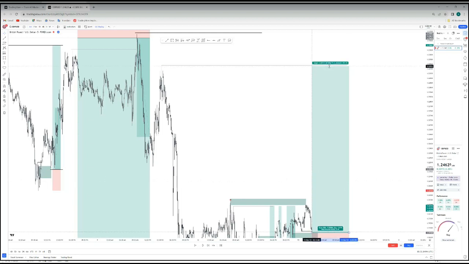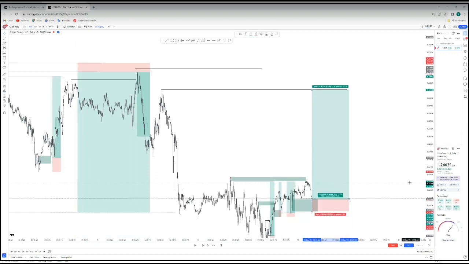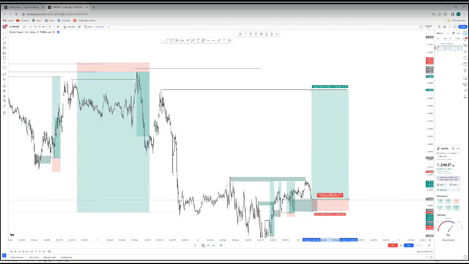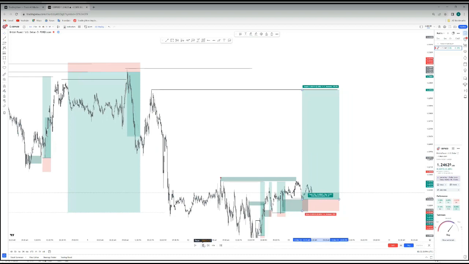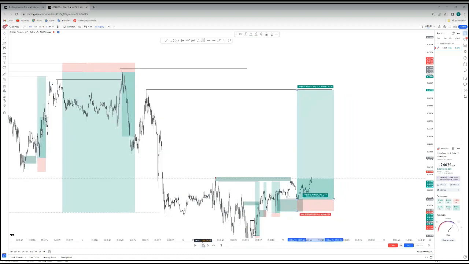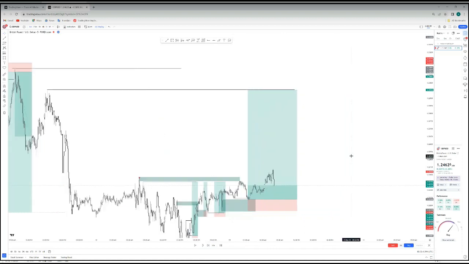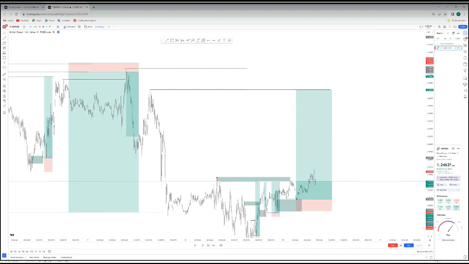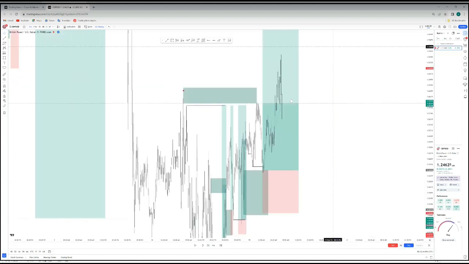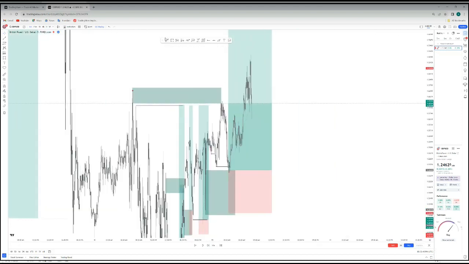All right, so now I think we have another. Yes, we have a major break of market structure, which is this one. This range has been broken already, so now we confirm a long buy.